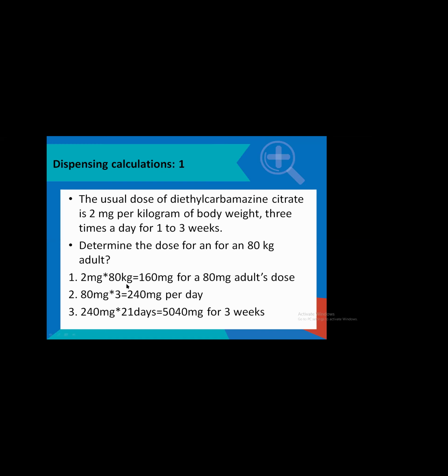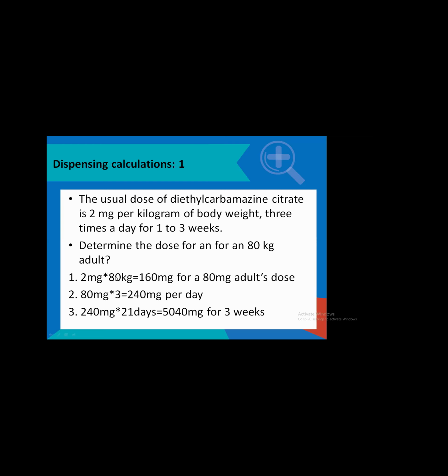You multiply the 2 milligram by 80, which gives you 160 milligram for an 80 kg adult dose.